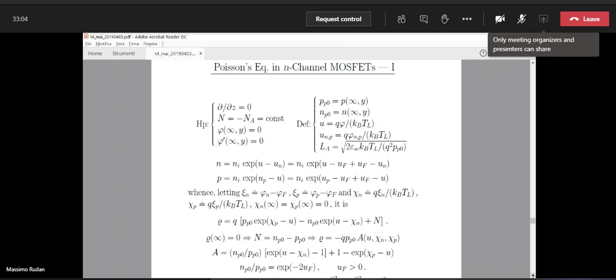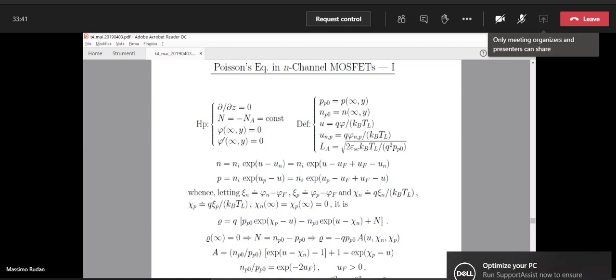At this point, we consider the expressions of the electron and hole concentrations in the non-equilibrium condition, and we also assume that we are in the non-degenerate condition, so we use the exponentials. So in normalized form, n is equal to ni times the exponential of u minus un. As you may remember, in the equilibrium condition, un becomes uf, that is the normalized Fermi potential.